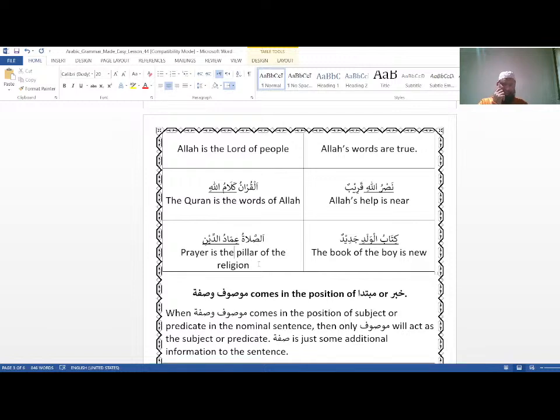Next, mawsuf sifa comes in position of mubtada or khabar. When mawsuf sifa comes in the position of mubtada, subject, or khabar, predicate, in the nominal sentence, jumla ismiya, then only mawsuf will act as the subject or the predicate. Sifat is just some additional information to the sentence. So mawsuf is the main word.